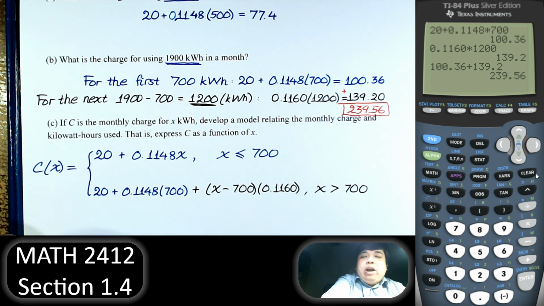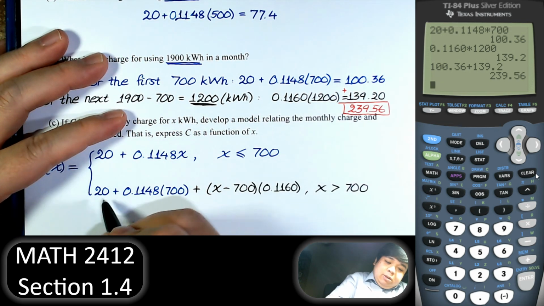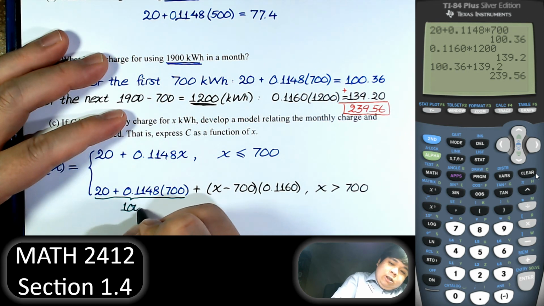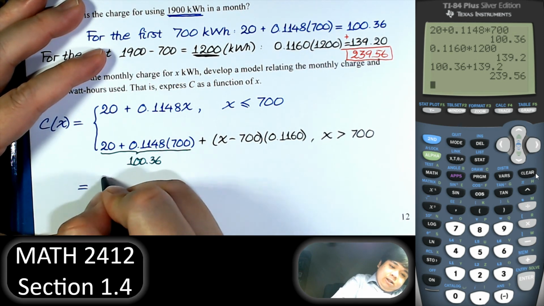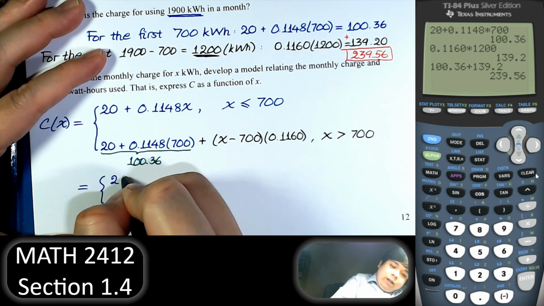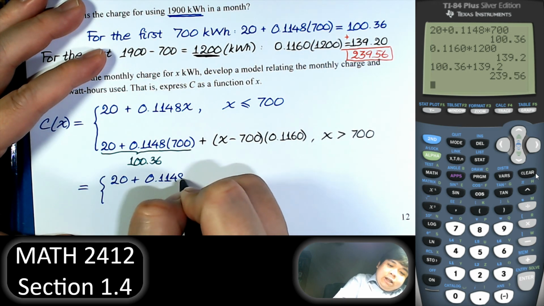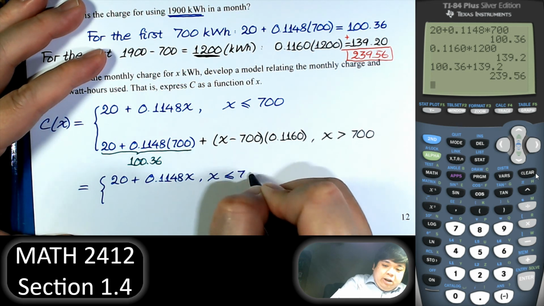Yeah, of course we can draw it like that. And also we already did this. This is 100.36. So we can rewrite this as 20 plus 0.1148x when x is less than or equal to 700.